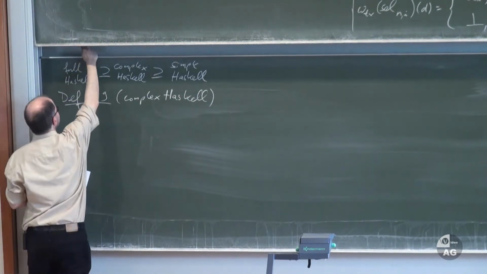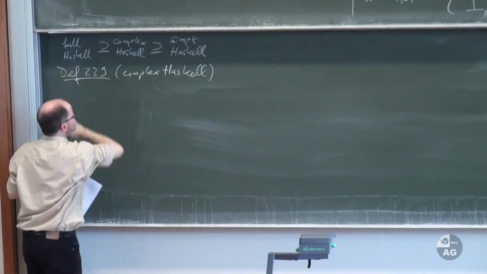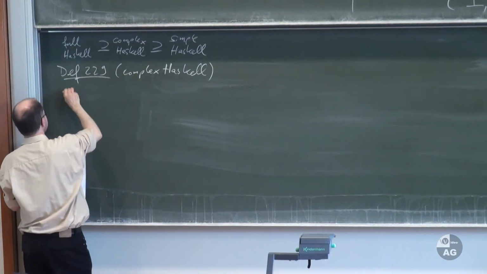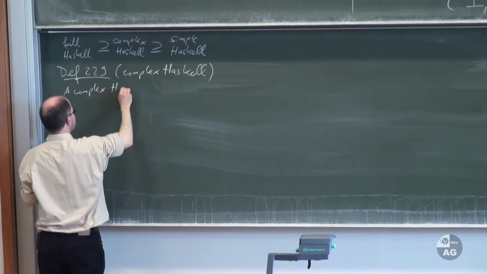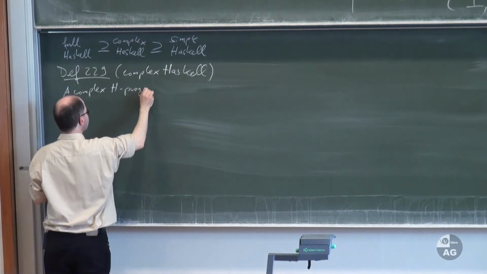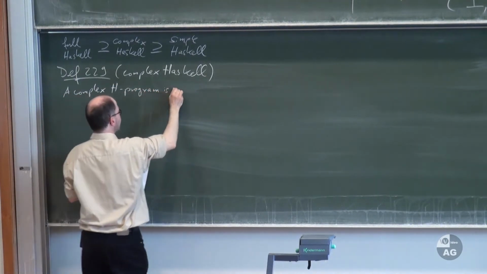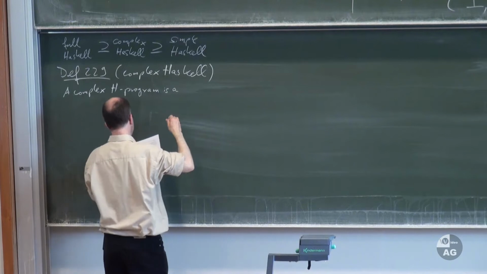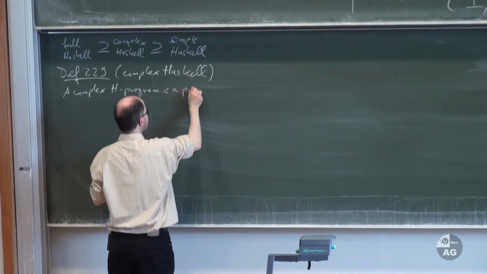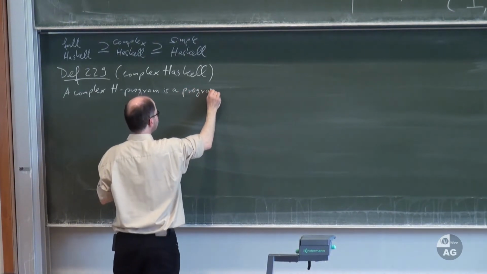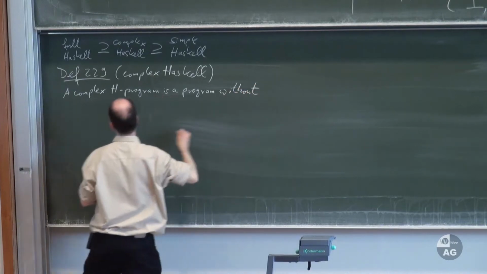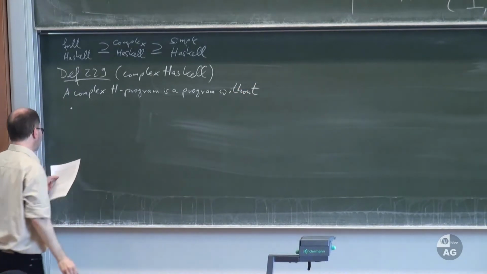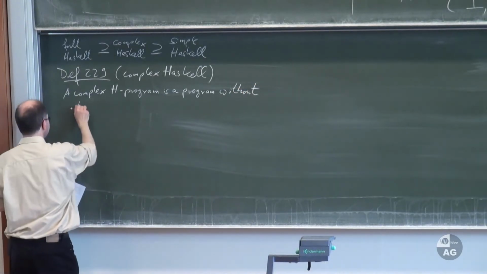Complex Haskell means we exclude certain features. So a complex Haskell program is a Haskell program without the following features. So without type synonyms.